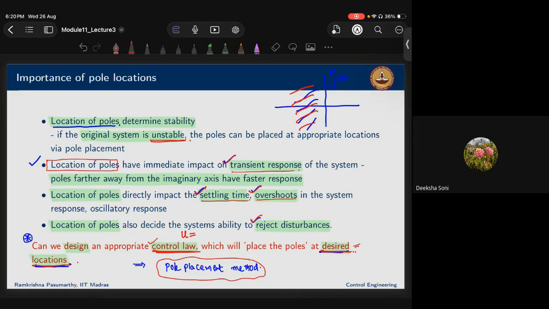Wherever we are interested, can we place our poles there? These are the existing poles, and the desired poles are any new poles, let's say somewhere here. Can we design a control law which takes our system from these poles to these poles? The pole placement technique will do that job for us.